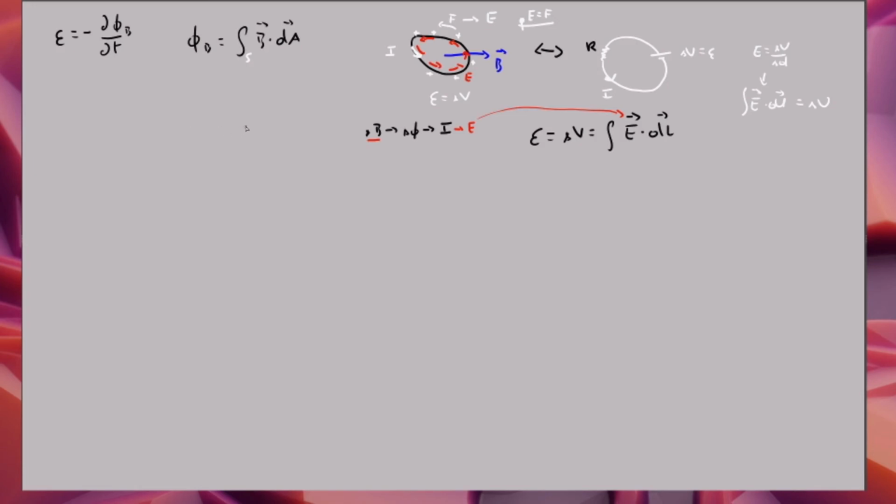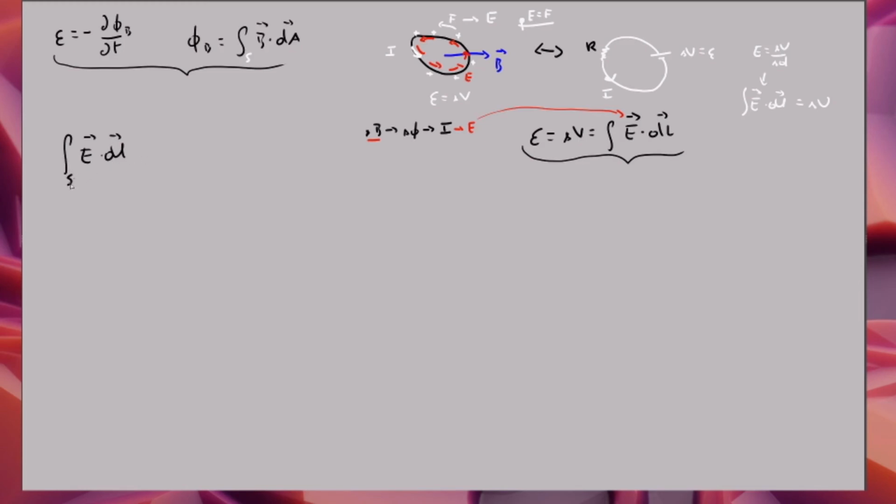But what we'll do now is take all of this and combine it into one expression. So the EMF is the integral of E dot dL, and we want to integrate along that closed loop, the edge of the surface.